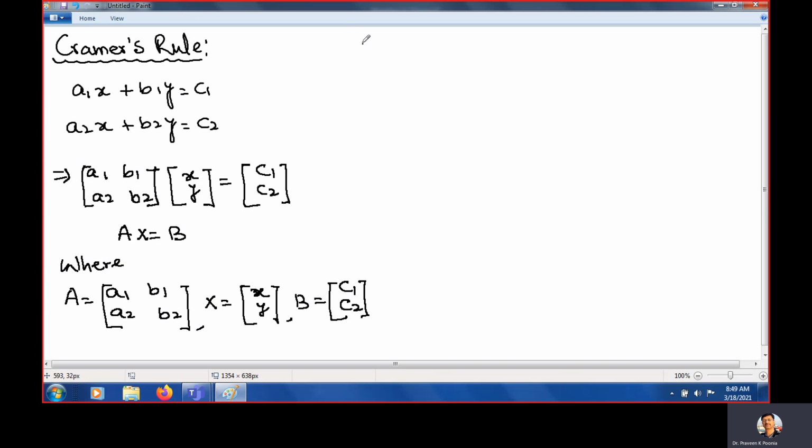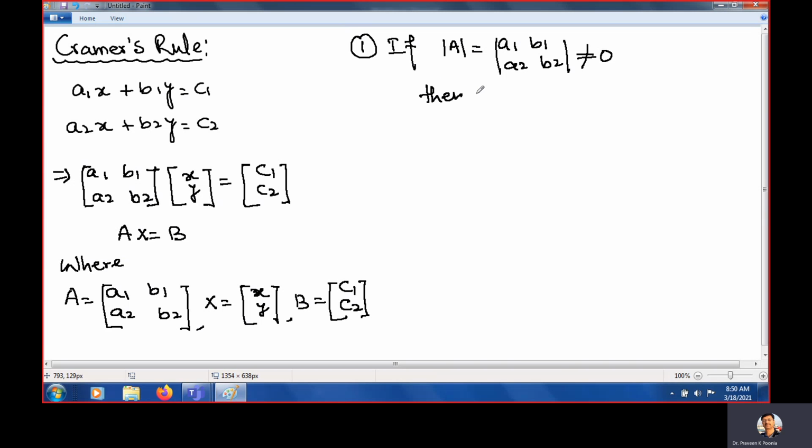Now the condition number one. What if the determinant of A, which is |a1 b1; a2 b2|, is not equal to 0? This you should remember. It should not be equal to 0.